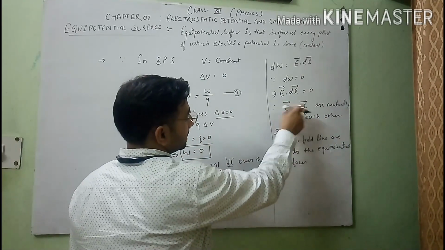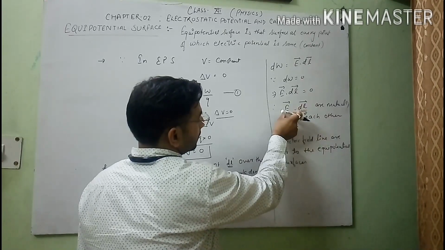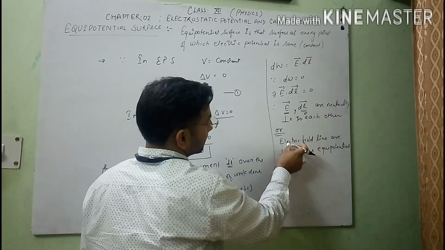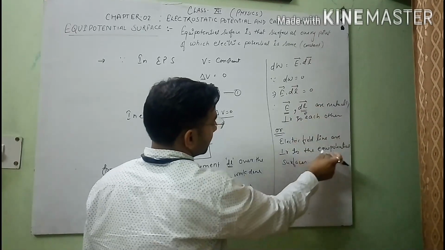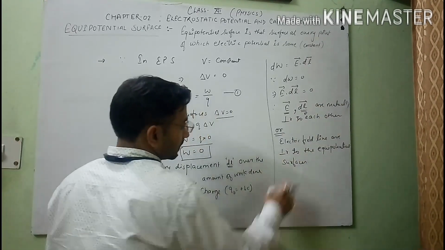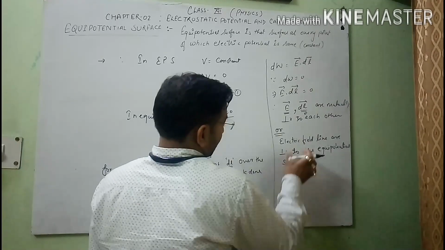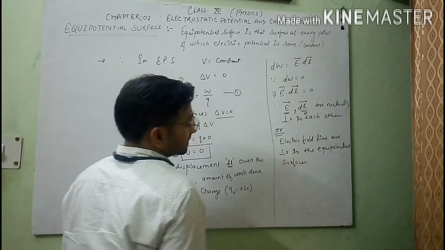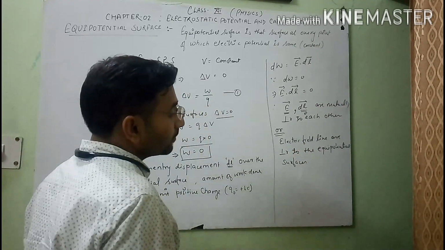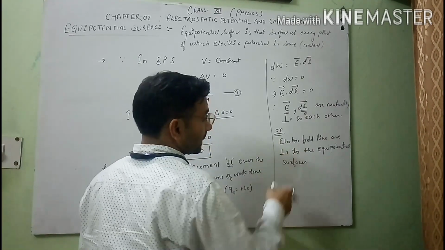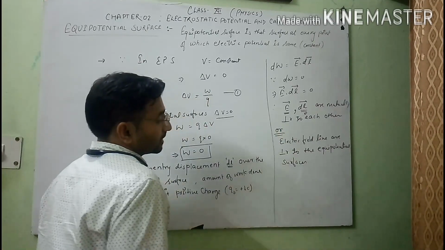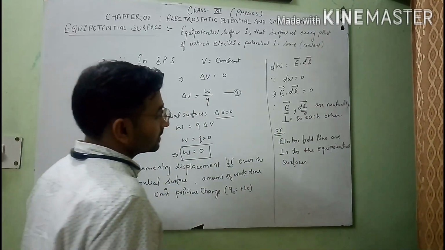As we know that E is perpendicular to dl, in place of E we can say electric field lines, and in place of dl we can say equipotential surface. So the conclusion is that for any charge configuration at any point, the electric field at that point is perpendicular to the equipotential surface. Clear, student?